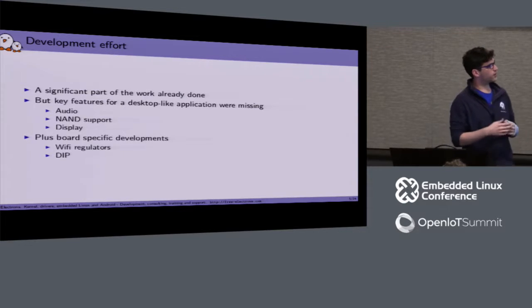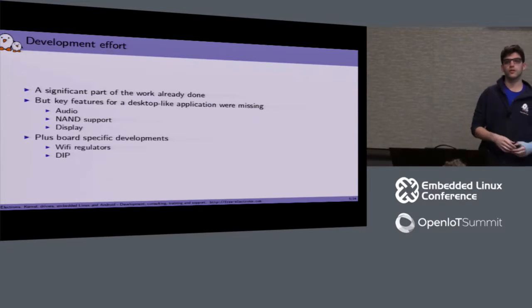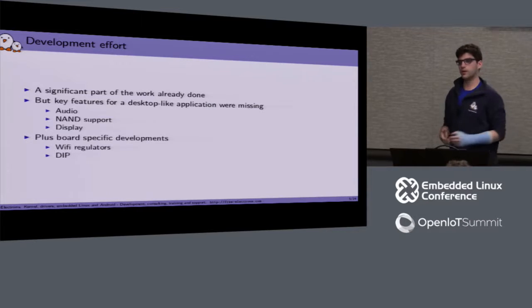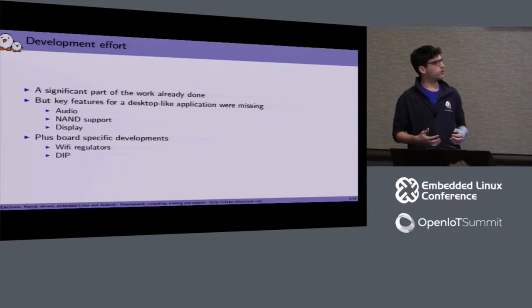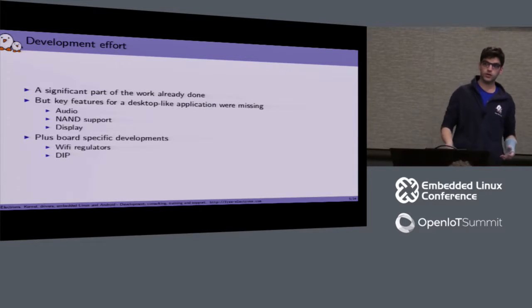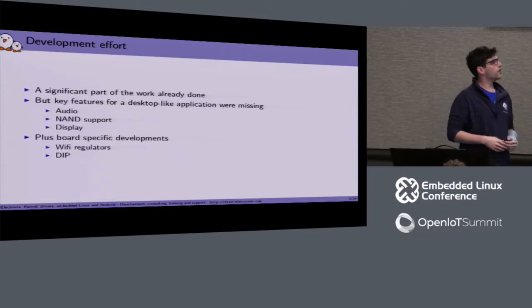We were also missing the NAND support, because the CHIP is using a NAND. All of the other boards that supported some kind of storage on the Allwinner SoCs were using MMC, which was working, but NAND was not.